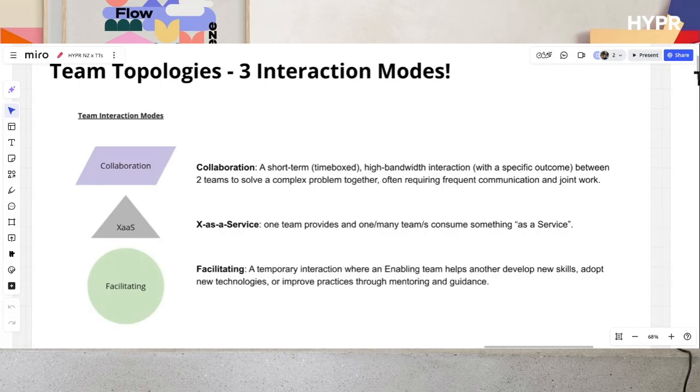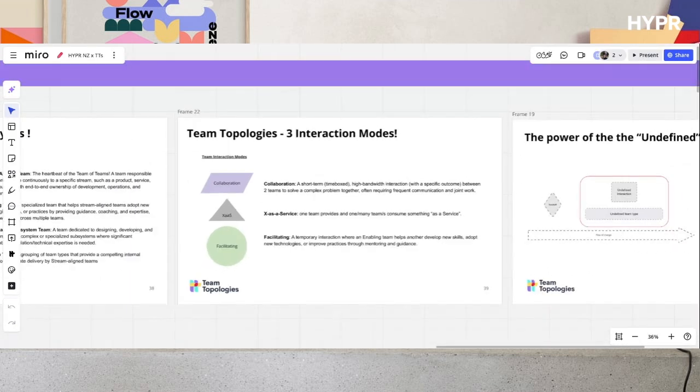So we just talked about infrastructure as a service before. And the reason why this is the most desired interaction mode is that it often or usually doesn't require any human-to-human interaction. This is more about machine interaction or service interaction.